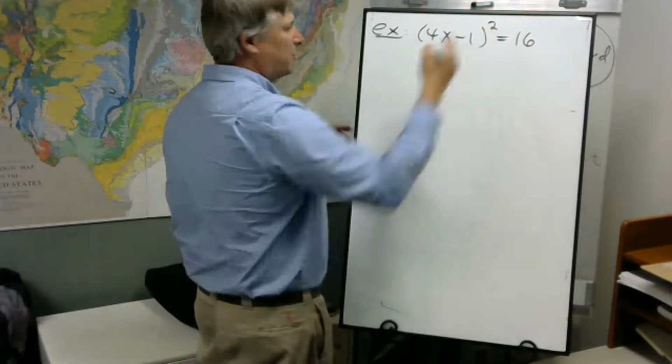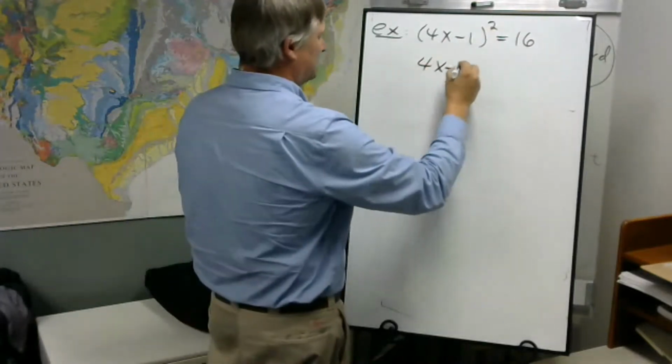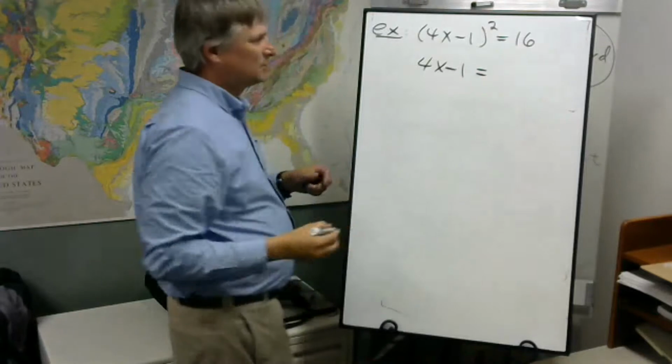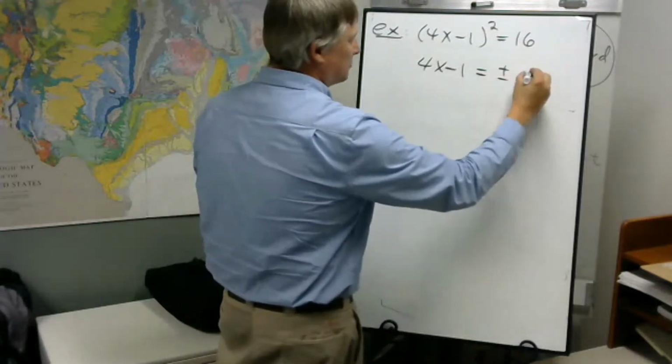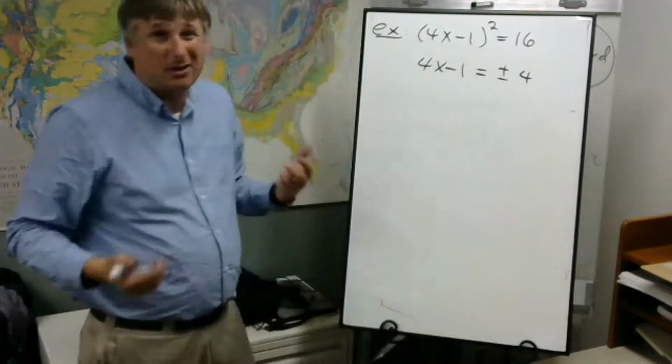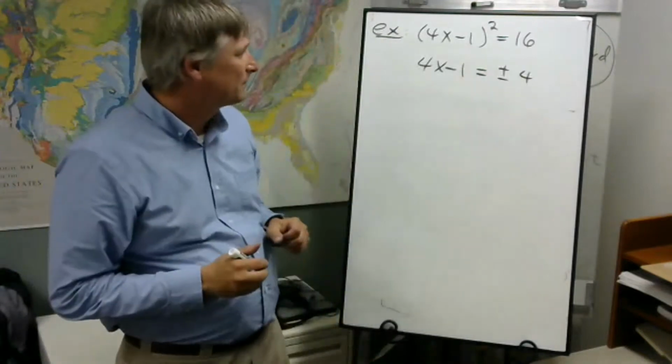So square root of the square, of course, that makes it cancel. 4x minus 1. And then the square root, there's two versions. We know the square root of 16 is 4, but it could also be negative 4. So this is what we get.